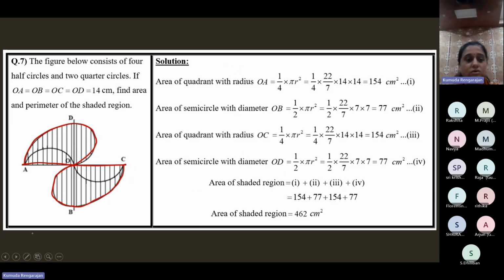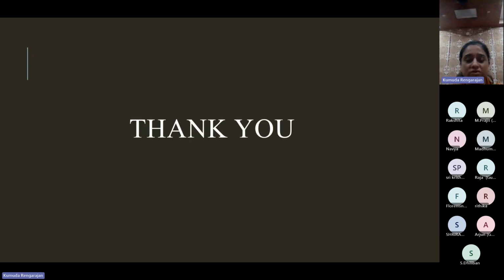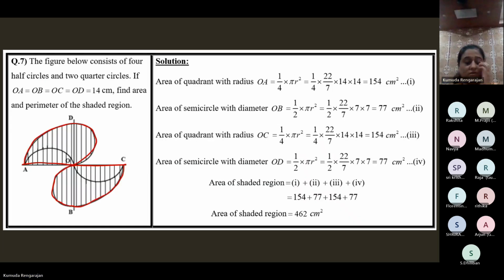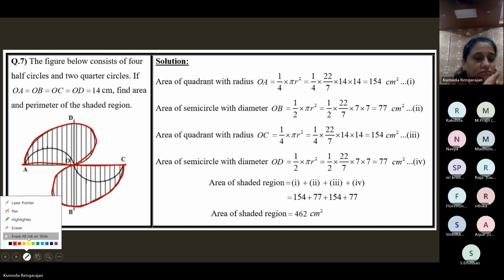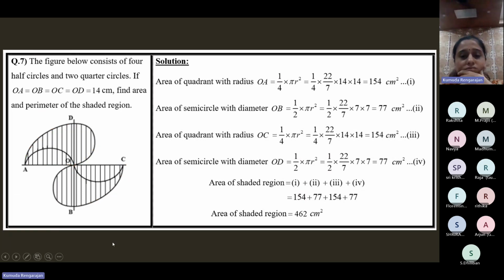Yeah. So this answer has 2 images, 2 slides. Yeah. Take a picture now. In the first slide, it's about area. The second one is perimeter.